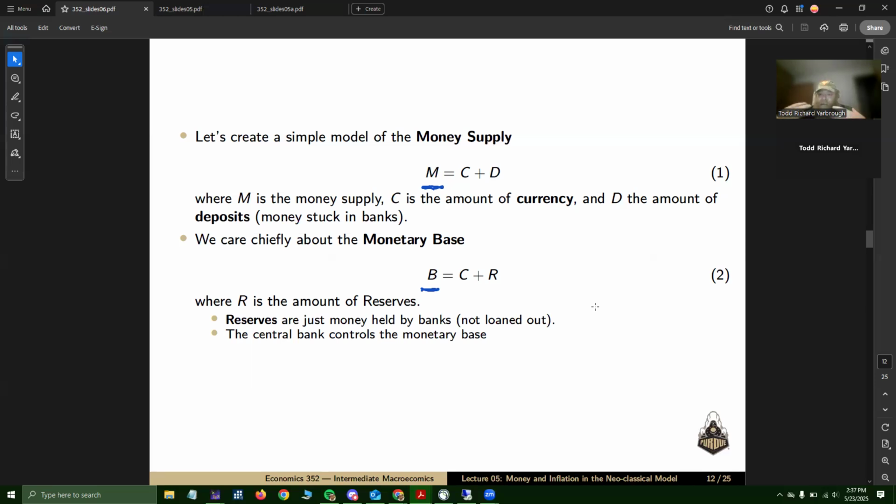The idea in an economic system is that the central bank ultimately controls, or a good way to think about it, manipulates the monetary base. So the central theory of monetary economics is that the central bank of an economy is able to control or manipulate the monetary base of that economy.